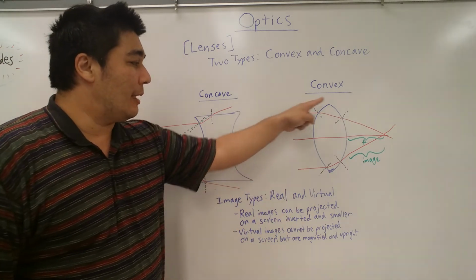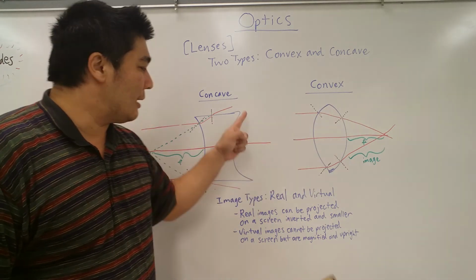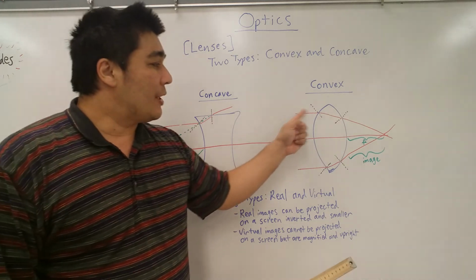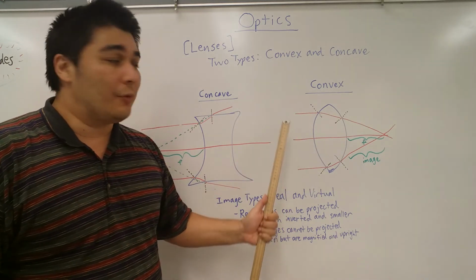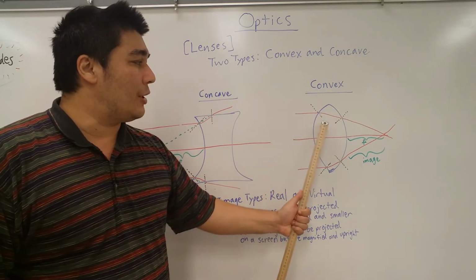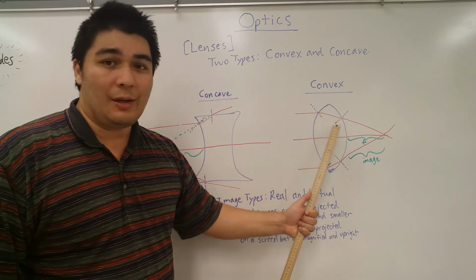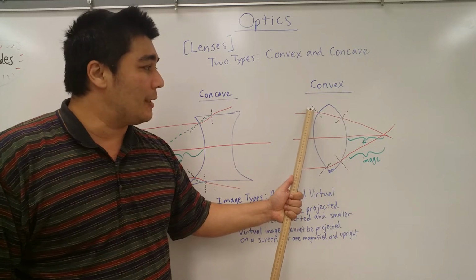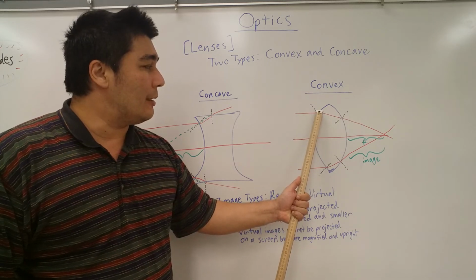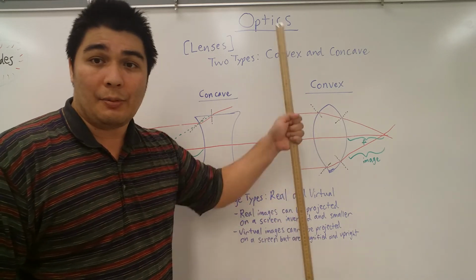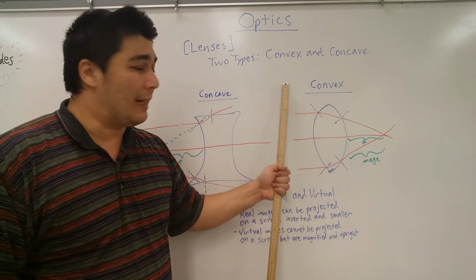In this case, the lens bends outward instead of bending inward. The same physics will actually apply. You're going from a lower index of refraction to a higher index of refraction. The only reason this looks a little different over here is because the normal is not going straight up like this. It's going more off at an angle.